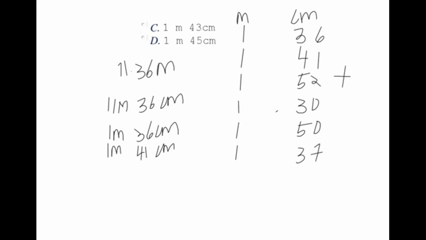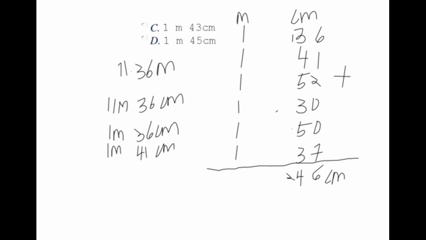So we are going to add, for us to know the total height of the 6 individuals. So we have 6 plus 1 is 7, plus 2 is 9, plus 7 is 16, then we carry 1. So we have 3 plus 1 is 4, plus 4 is 8, plus 5 is 13, plus 3 is 16, plus 5 is 21, plus 3 is 24.